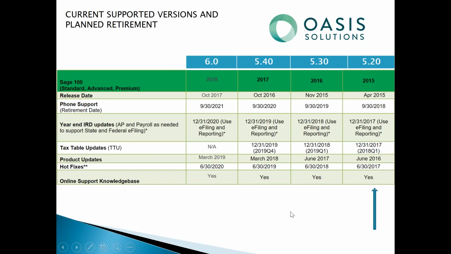So version 5.2, which is also the 2015 version, will officially retire. Sage will be retiring it September 30th of this year.